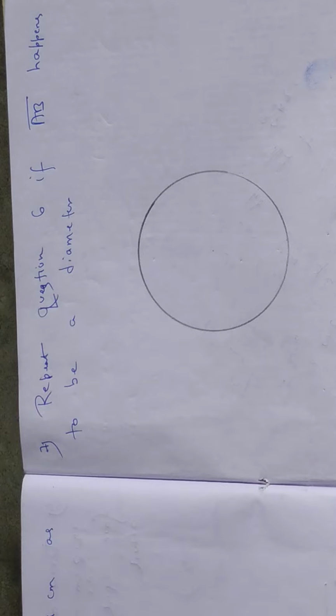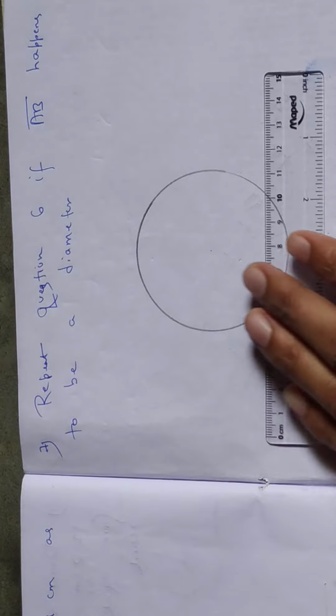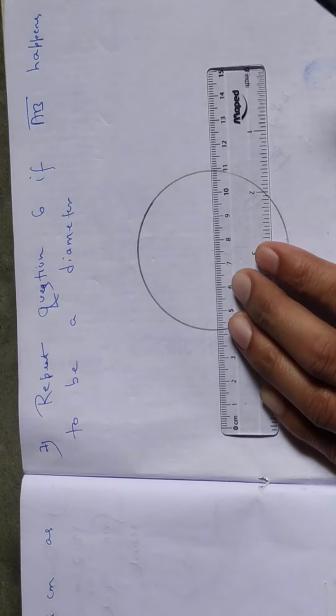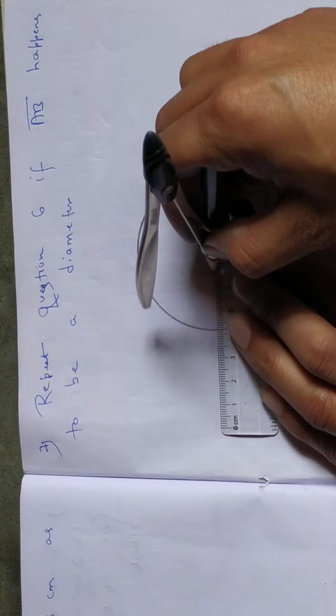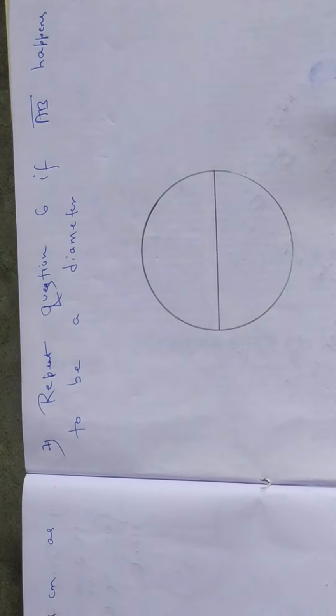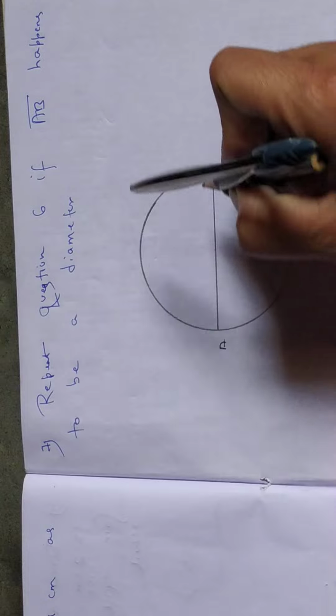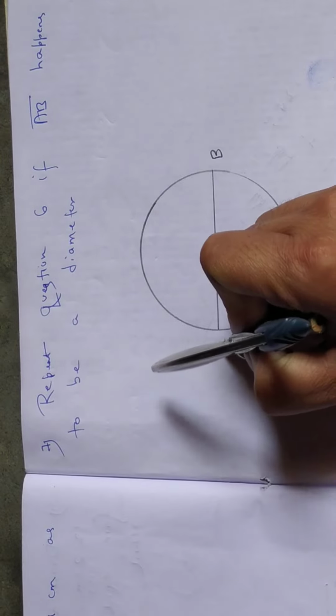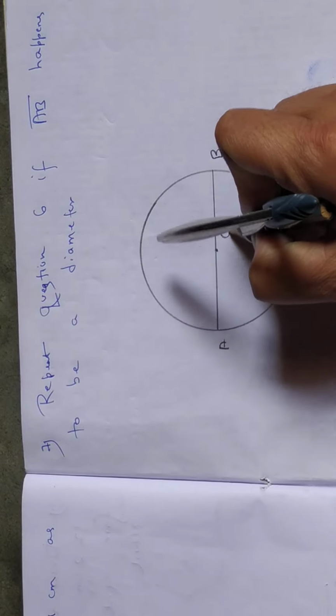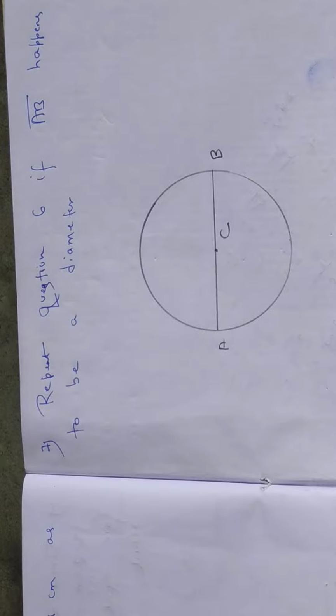Now what you have to do: AB, in the previous question we have drawn a chord. Here we will draw a diameter. And this point is the center, C. Now you have to draw the perpendicular bisector of AB.